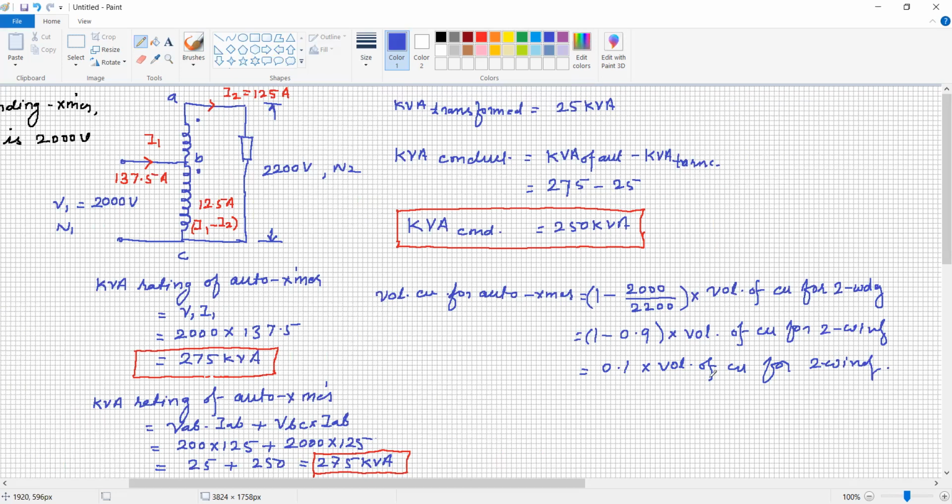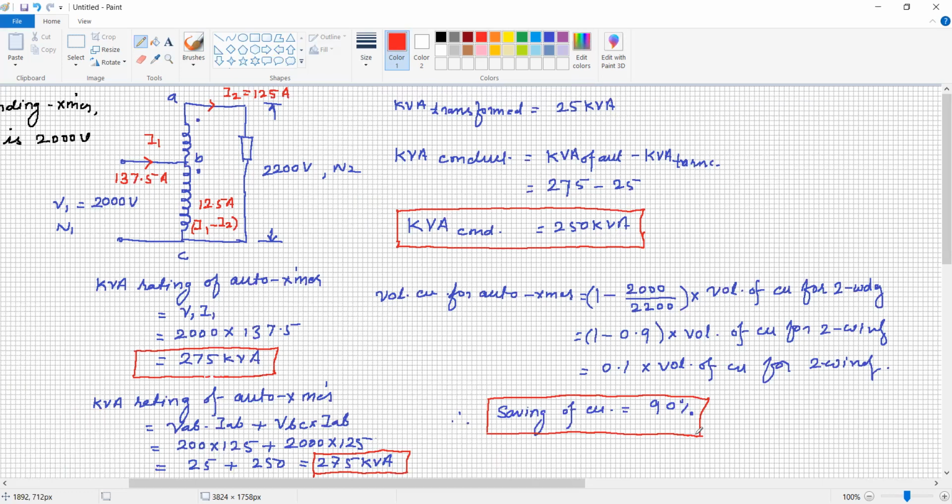So what is the saving? Saving is 90%. Therefore, the saving of copper is equal to 90%. In this way, we can calculate the saving of copper.